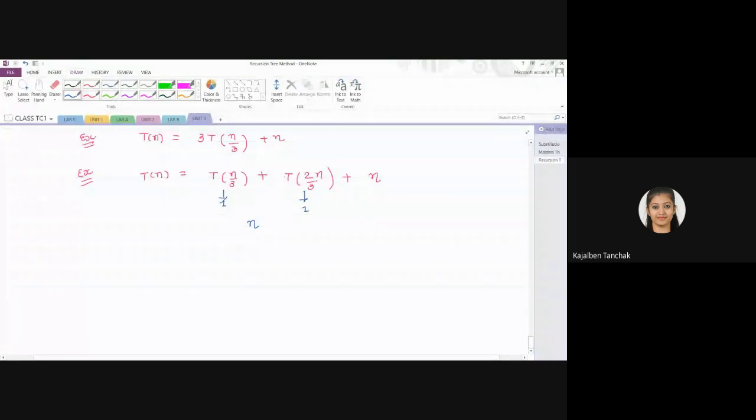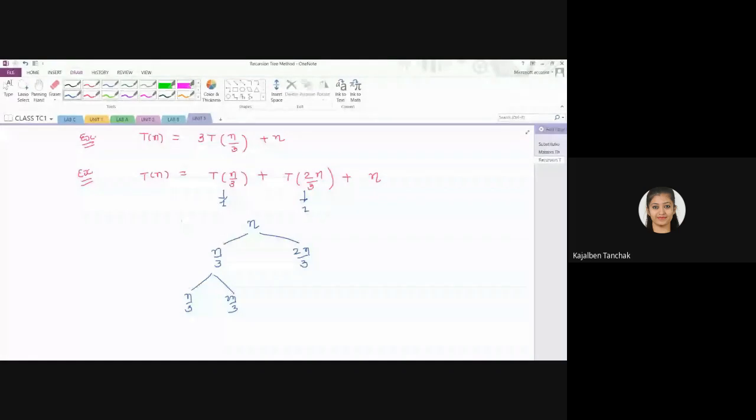So what you have to do? You will divide it into two parts. One part is having this, another part is having this. Again, you will divide this n by 3 to n by 3 like this. On the left hand side you have to take n by 3, on the right hand side the size of the subproblem will be 2n by 3.